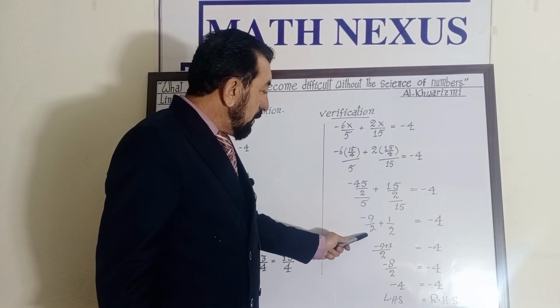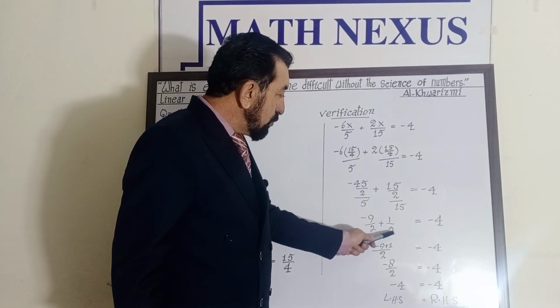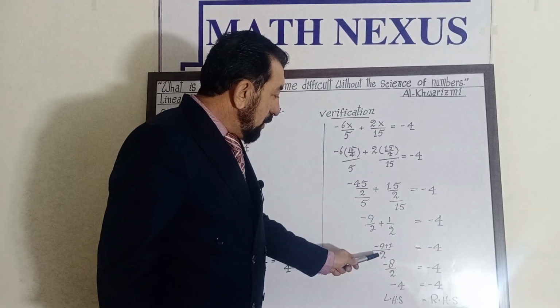Minus 9 upon 2 plus 1 upon 2 equal to minus 4.